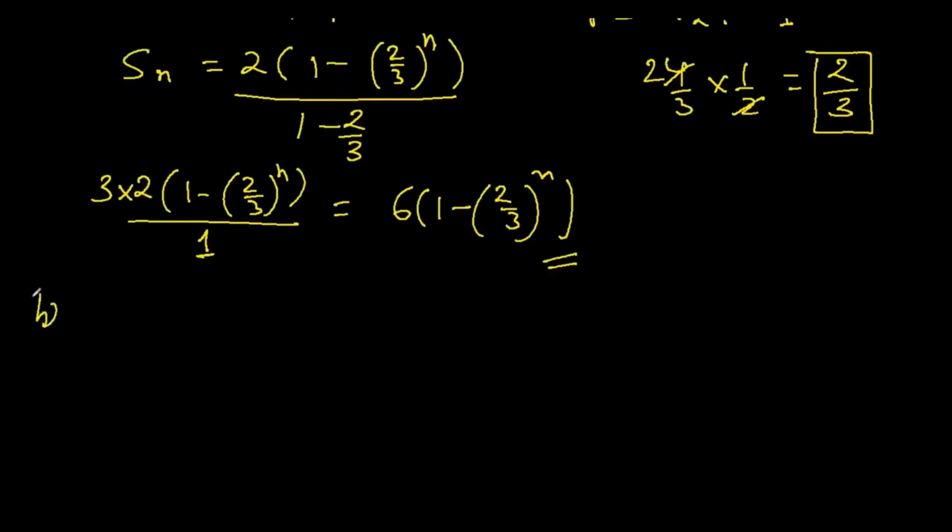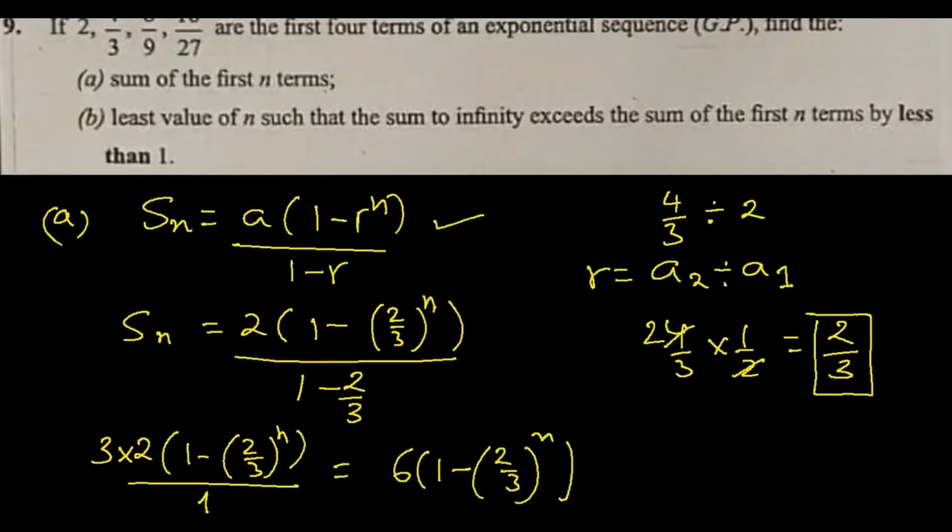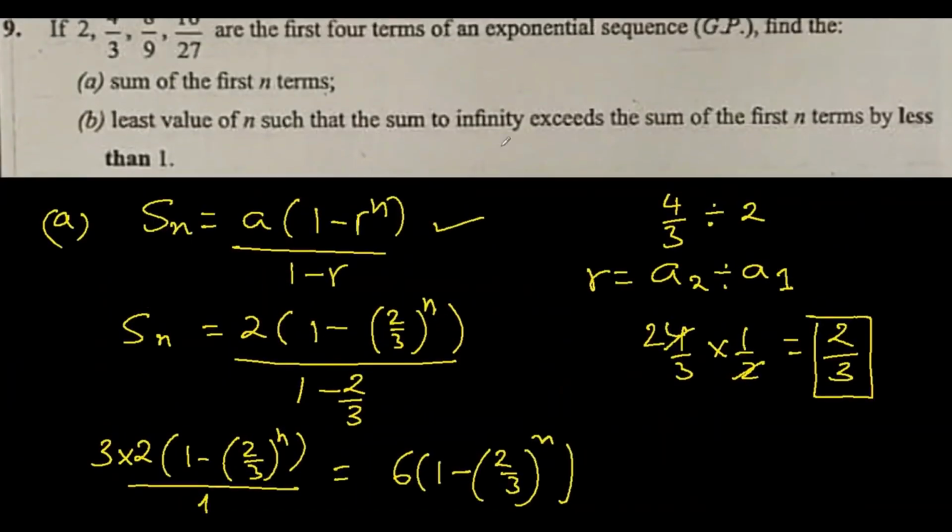So B part, sum to infinity will be a over 1 minus r, which is 2 over 1 minus 2/3, which will be again 2 divided by 1/3, so 6. So we have to find the number of terms when this 6 is more than the sum of first n terms by less than 1.